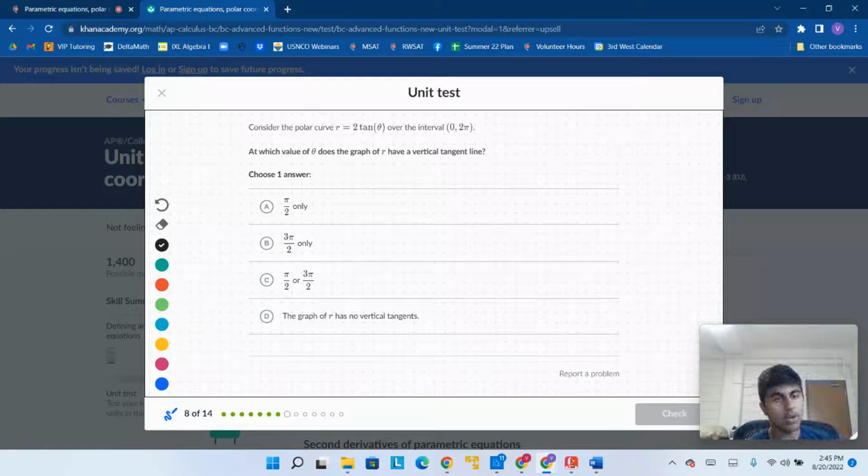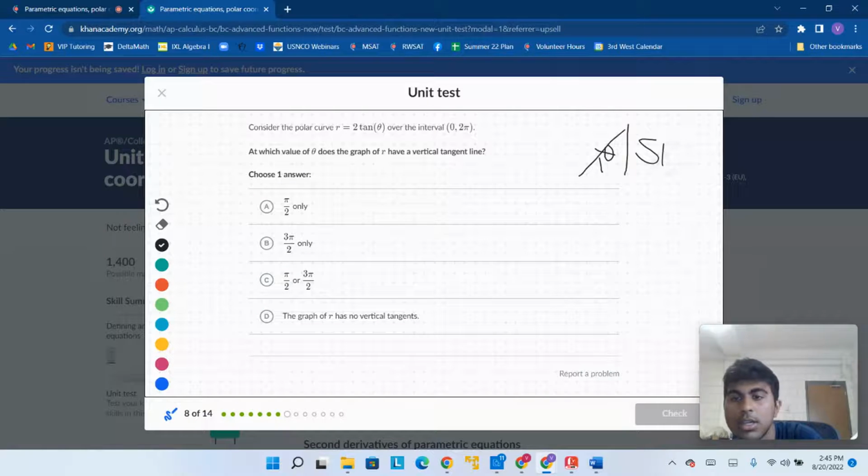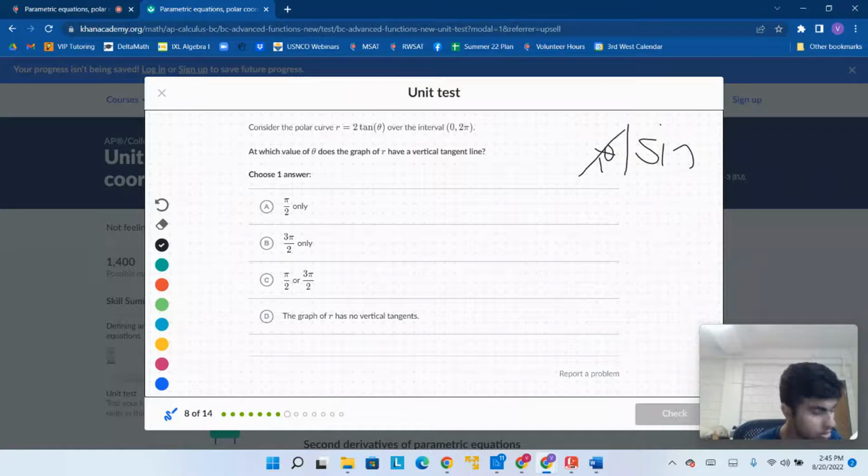If you have a radius r at angle theta, then y is going to be r sine theta, so I can write y as 2 tan theta sine theta, and x as 2 tan theta cosine theta. But since tan theta is just sine over cosine theta, x is just going to equal 2 sine theta.